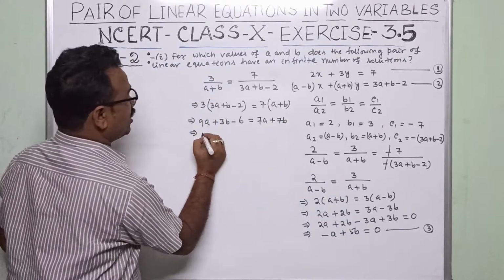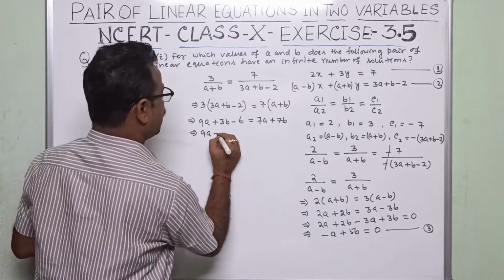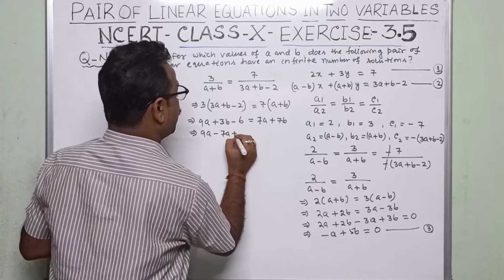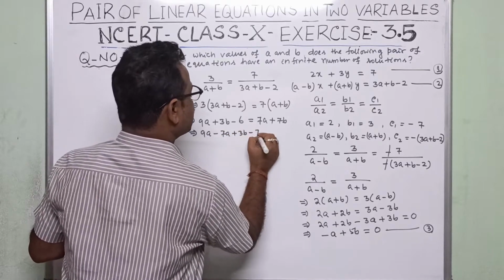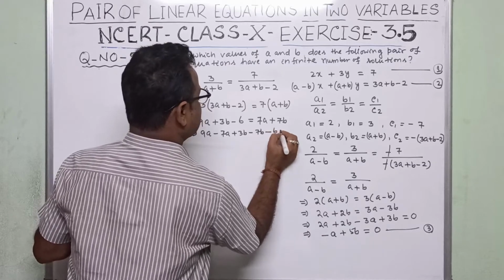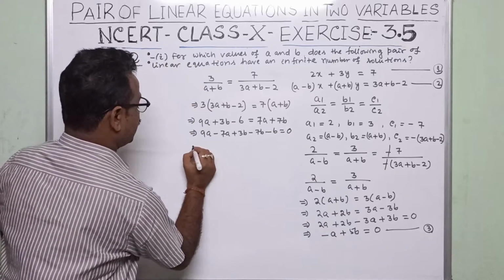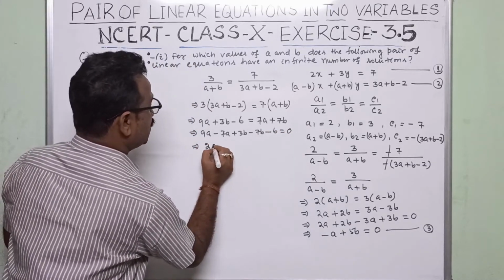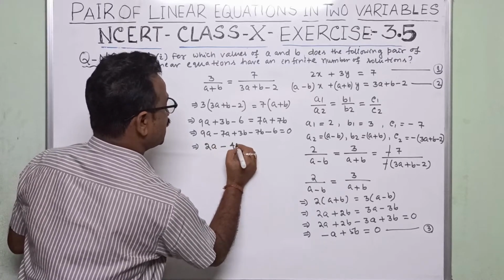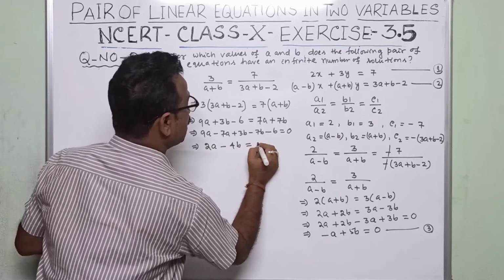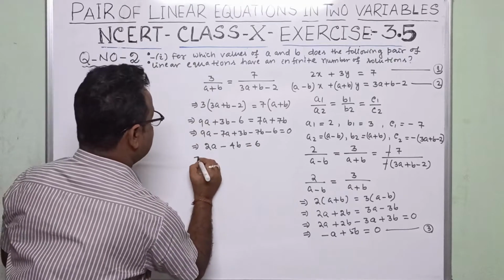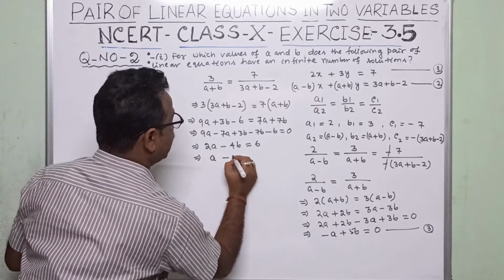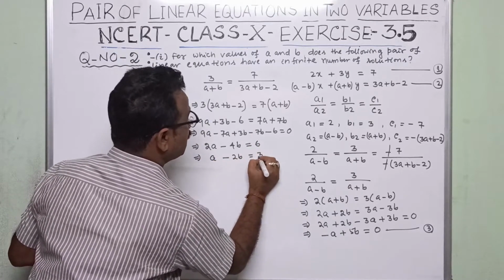That implies 9A minus 7A plus 3B minus 7B minus 6 is equal to 0. That implies 2A minus 4B is equal to 6. That implies A minus 2B is equal to 3.